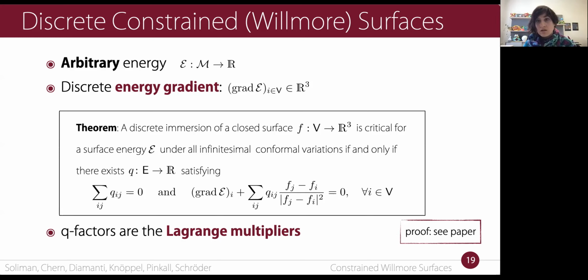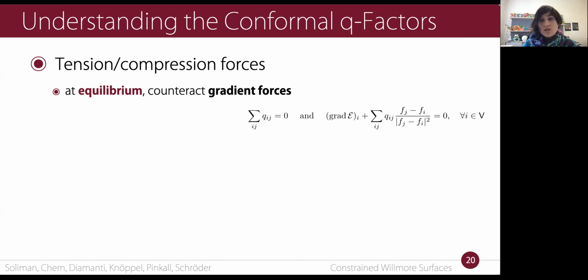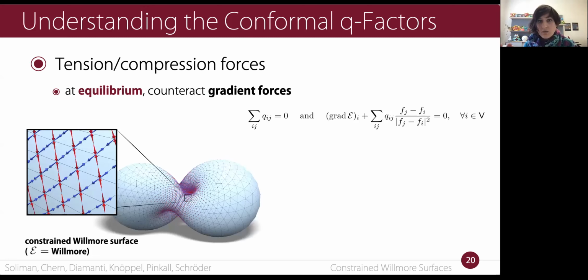So these Q's are exactly the Lagrange multipliers of the constrained optimization problem that I mentioned in the previous slide. And in fact, these Q's can perhaps be understood via physics. So they have a physical interpretation. If we think of the conformality constraint as describing some kind of material, then this will be a material that doesn't care about being scaled or shrunk as long as this scaling or shrinking is happening isotropically, so not along a single direction.